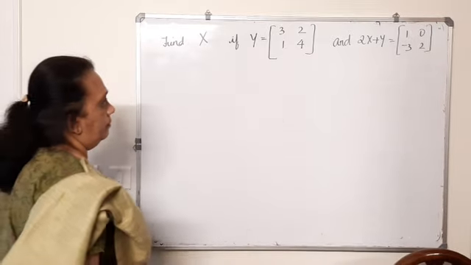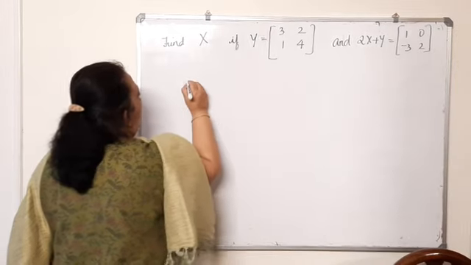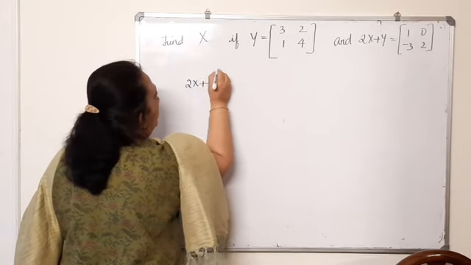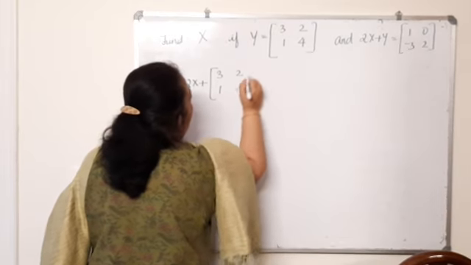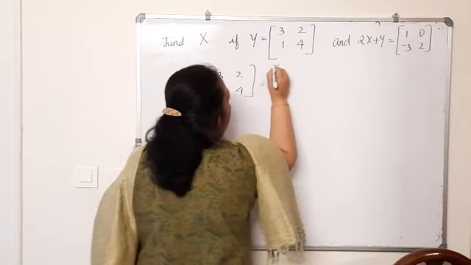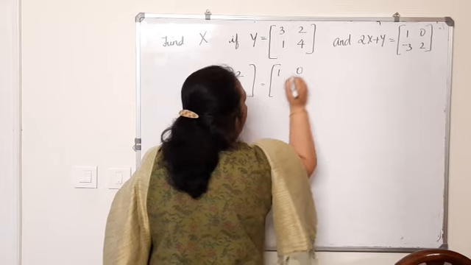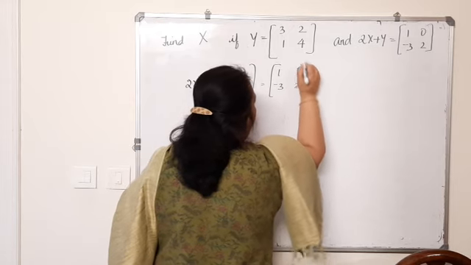Find x. So 2x plus y, 3 2 1 4, is equal to 1 0 minus 3 2.